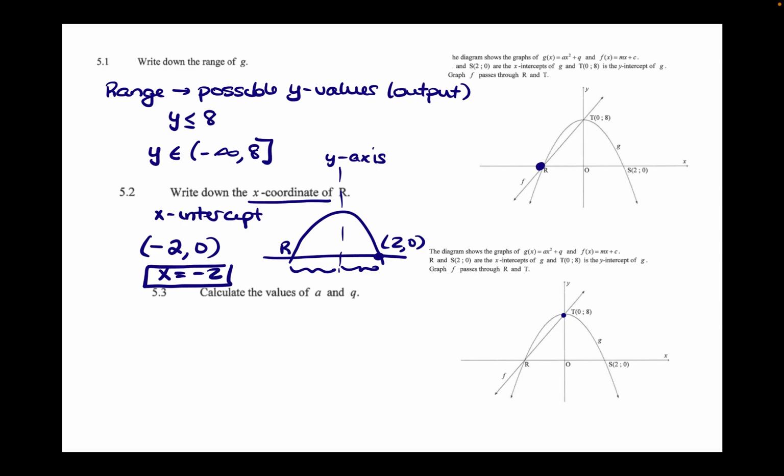Okay, and now we're going to calculate a and q. And I notice they give us the equation for G, the parabola, ax squared plus q. You may know right away that q is equal to 8 because that is the y-intercept, and this parabola is symmetric over the y-axis.